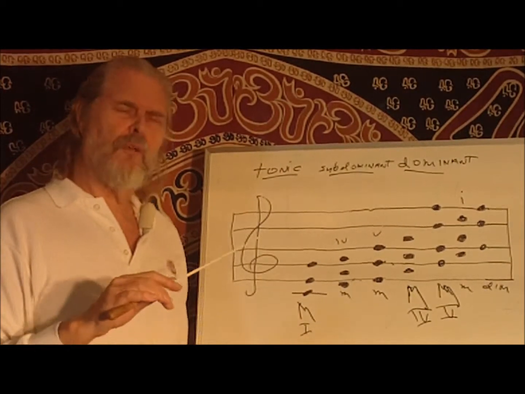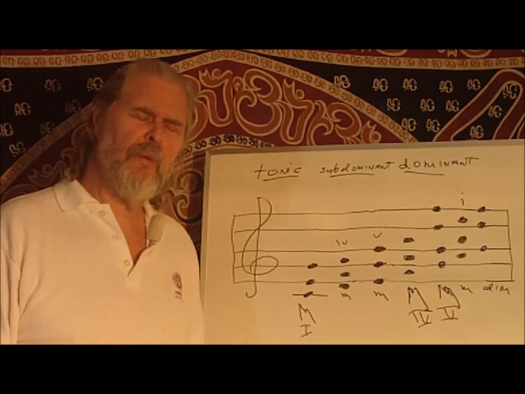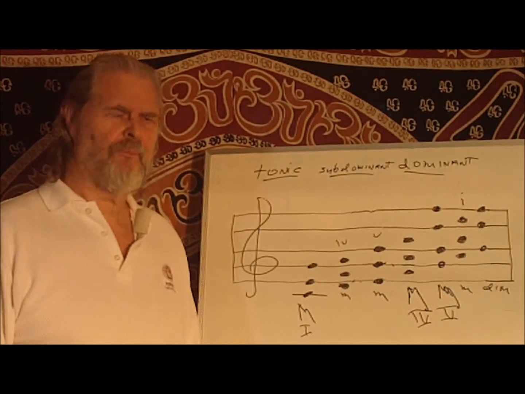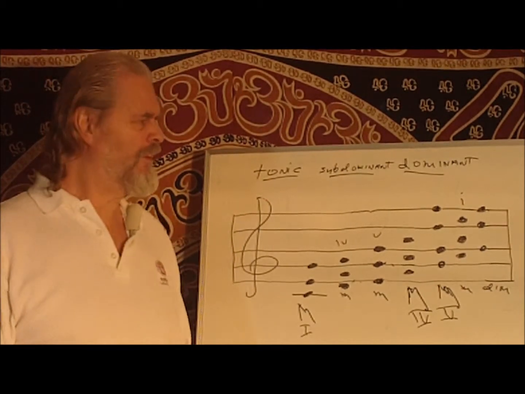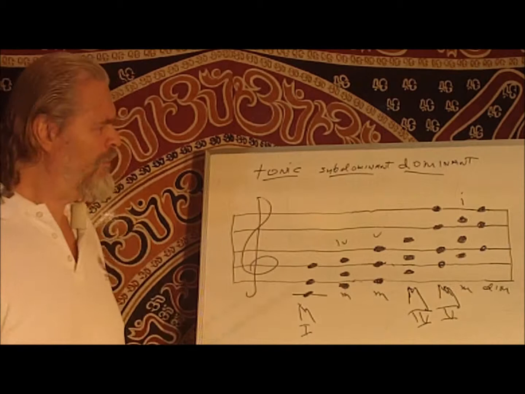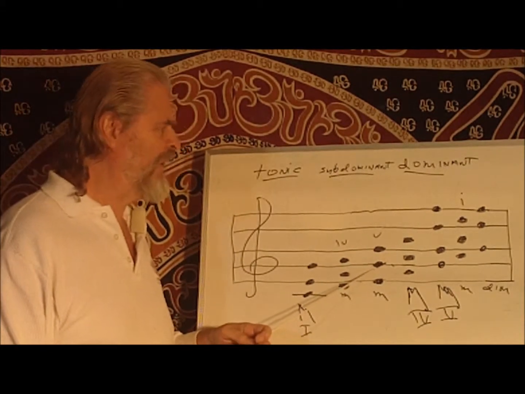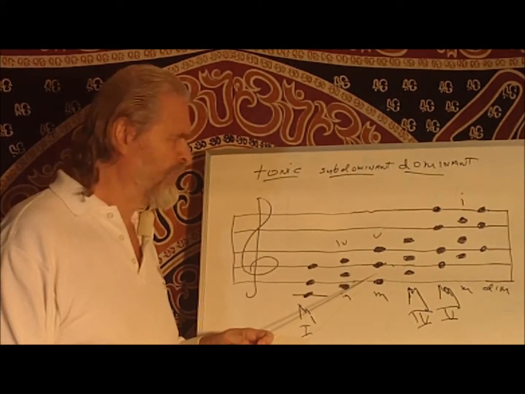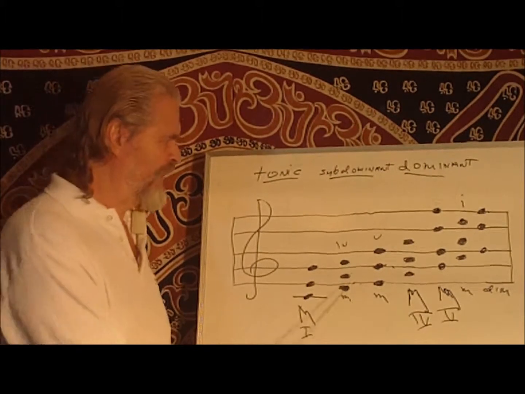The dominant in a minor key is usually made major for the reason that the note in the middle, in this case, is going to be G sharp. It's G natural here.